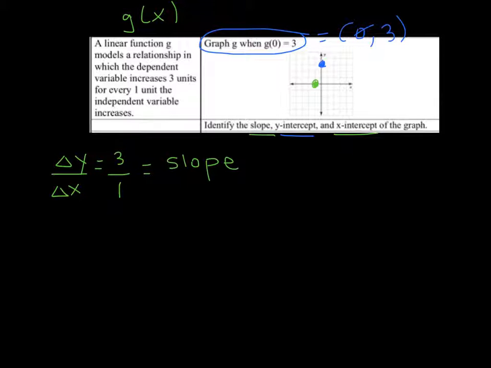So my x-intercept on this graph would be (-1, 0). I can see that by using my slope. If you want to check, if I rise 3, run 1 to the right, I'm back on that second point that I had. Okay, so that'll give me my line.